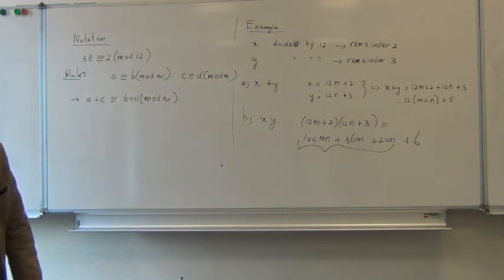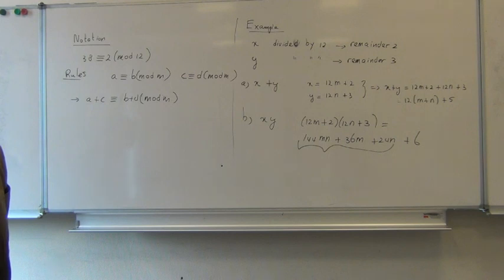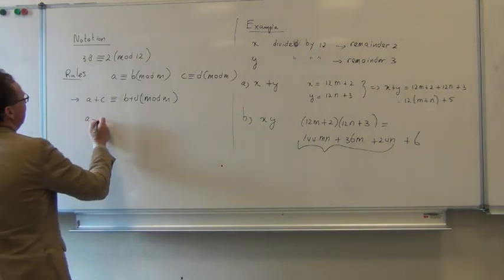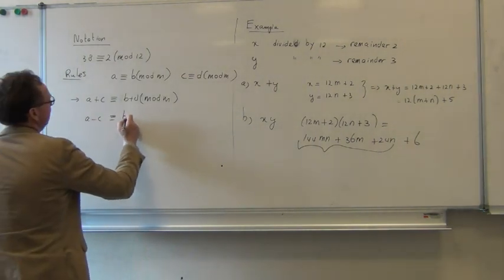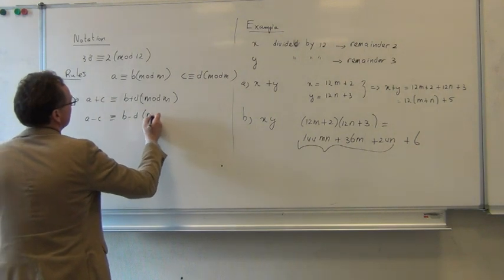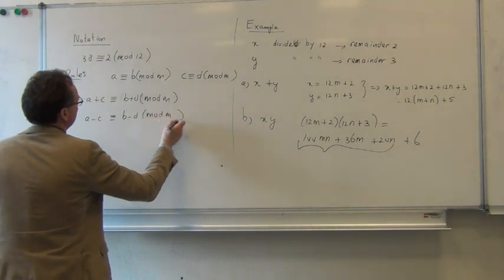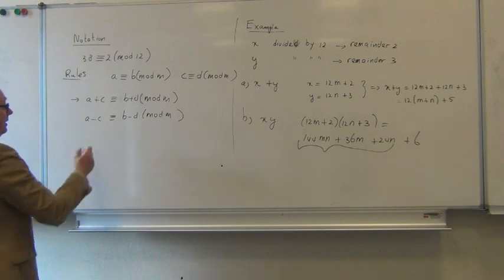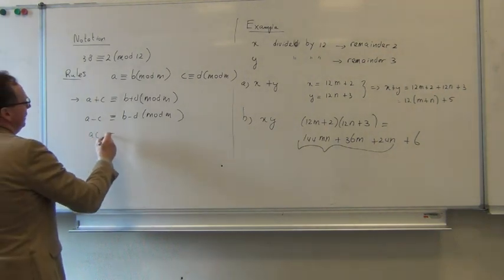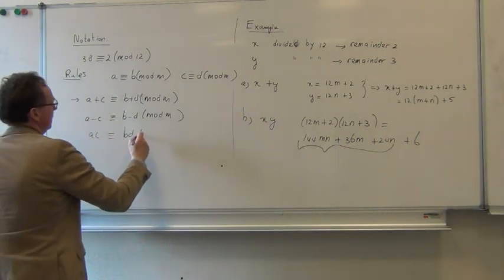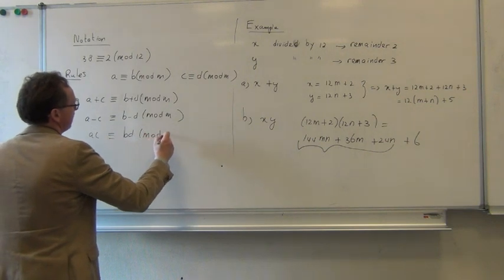And if you subtract, a minus c will be b minus d modulo m. Multiplying, a times c is b times d modulo m.